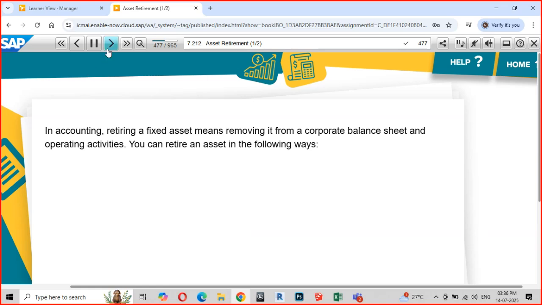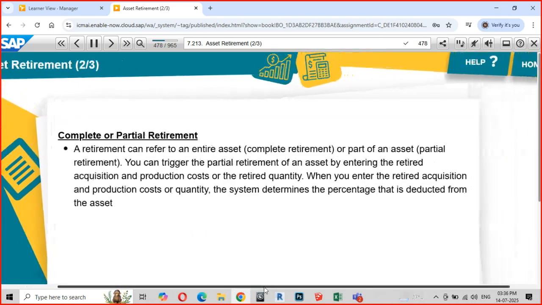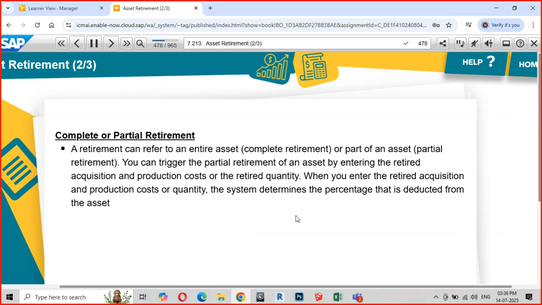Retirement. So there is a process in SAP where you can completely retire an asset or some portion of an asset. Okay, so partial retirement or complete retirement.